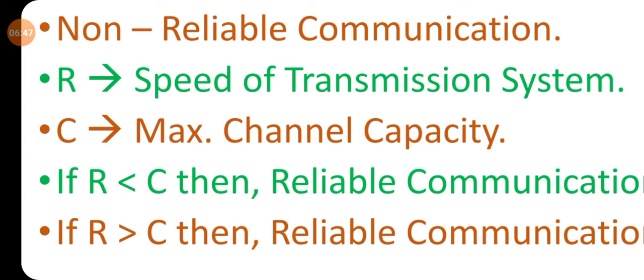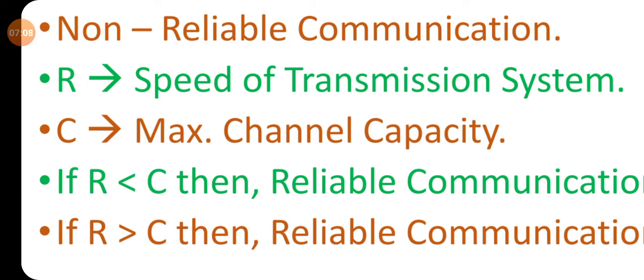Maximum channel capacity means the maximum number of bits the channel can transmit. Speed represents how many bits we can transmit per second. Maximum channel capacity means the maximum number of bits we can transmit using any particular channel.